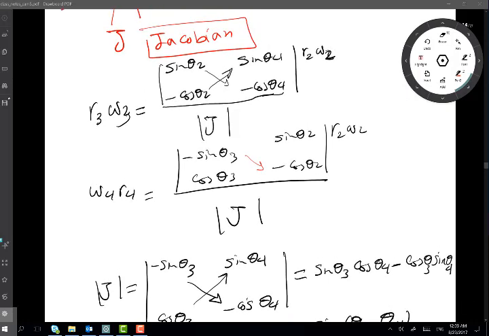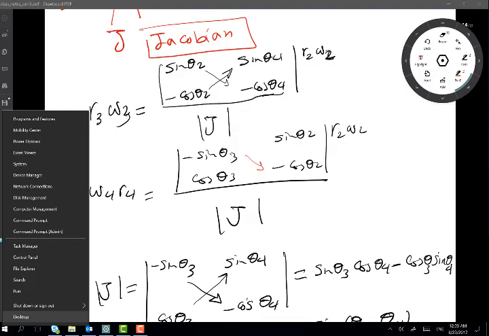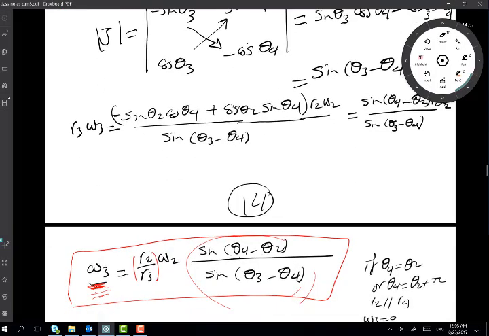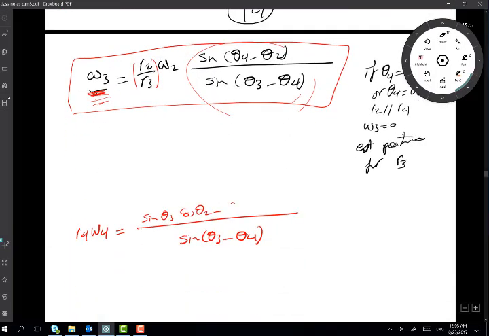Here will be minus cosine theta 3 and sine theta 2. So minus cosine theta 3 sine theta 2, and that's multiplied by R2 omega 2. Don't want to forget that was a common factor up there. So this will give me sine the difference.